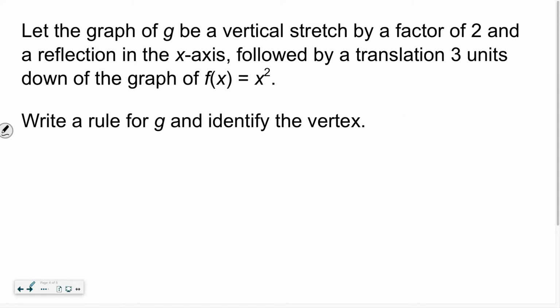Okay, last example. We can also use this vertex form in our transformations like we did in first chapter to change or write equations of quadratic functions. So let the graph of G be a vertical stretch by a factor of 2 and a reflection in the x-axis.